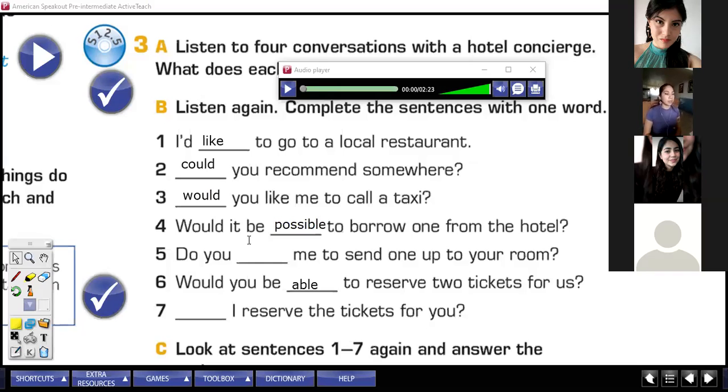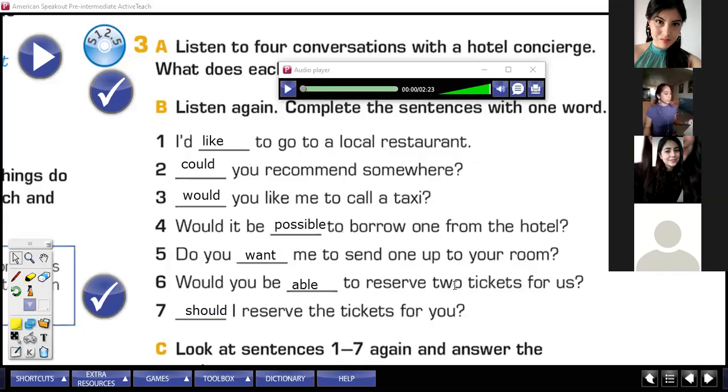Number 5. Do you want me to send one up to your room? And number 7, do you have number 7? Should I reserve these tickets for you?